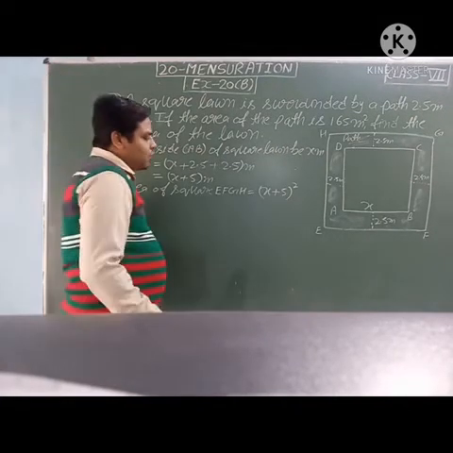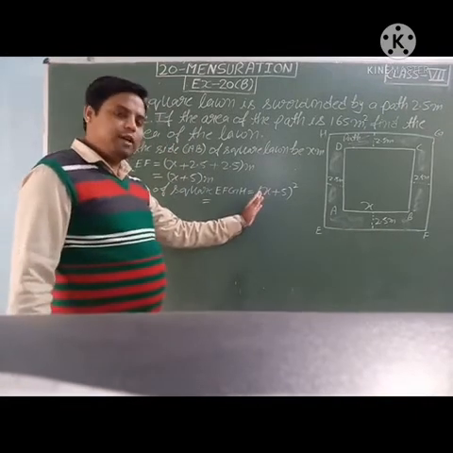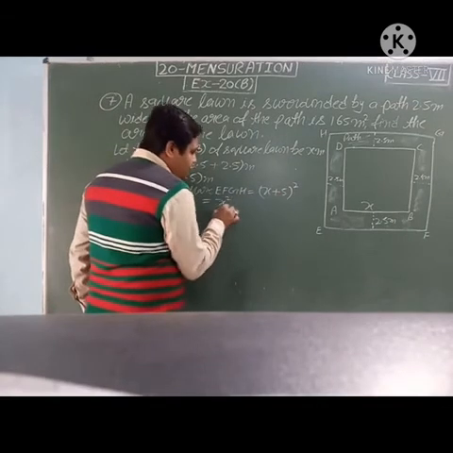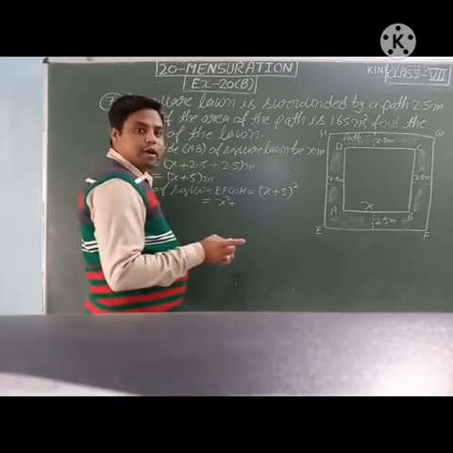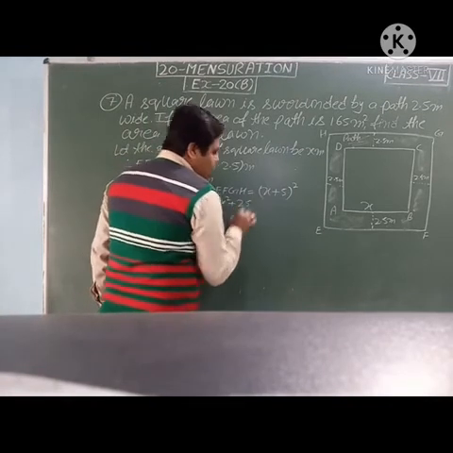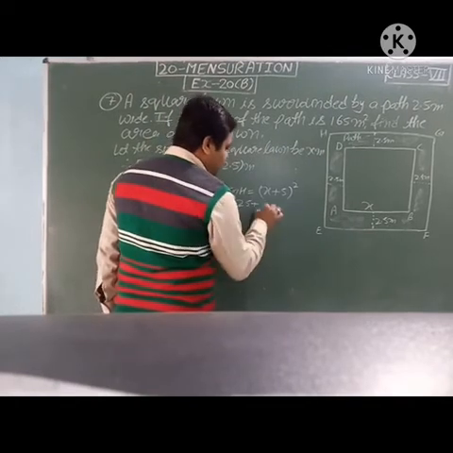Now we can solve this. We will consider it as a plus b whole square. So a square plus b square, b square is the value of b, 5, so square of 5 is 25, plus 2ab, 2 fives are 10.